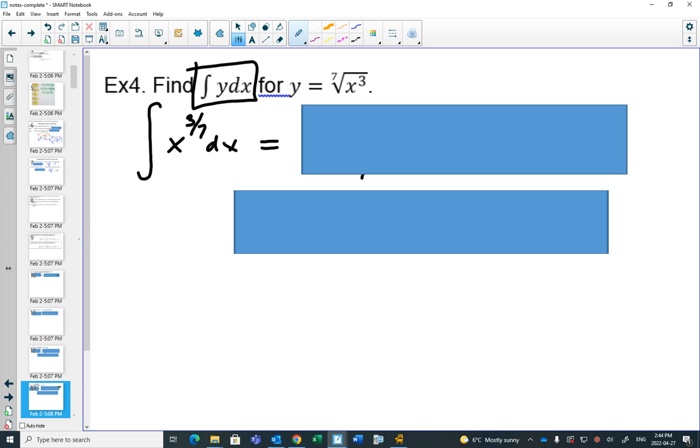So the dx is telling you what variable you should have in your equation, because we haven't learned anything equal to implicit differentiation for integration. So what we're going to always try to do is whatever is listed as the variable that you want to find, the integrand should be in that variable.